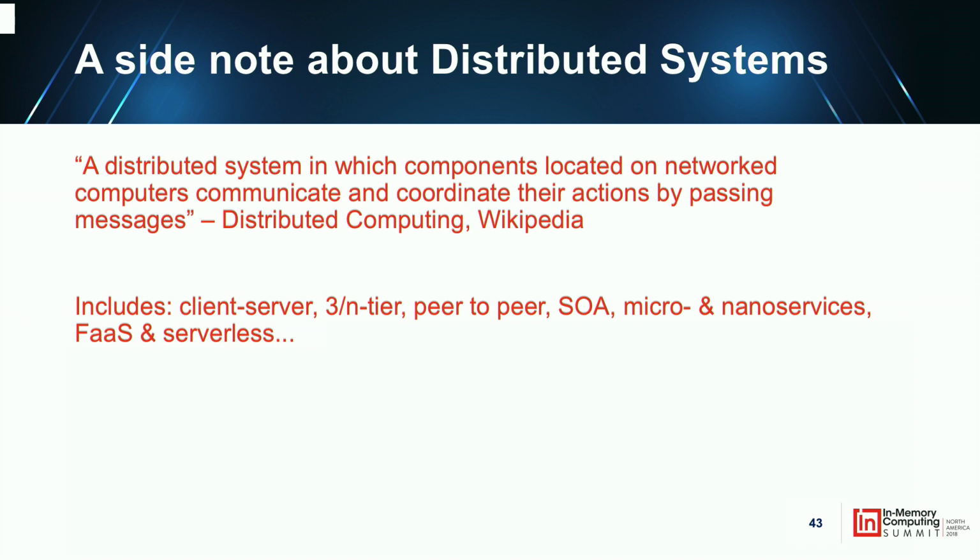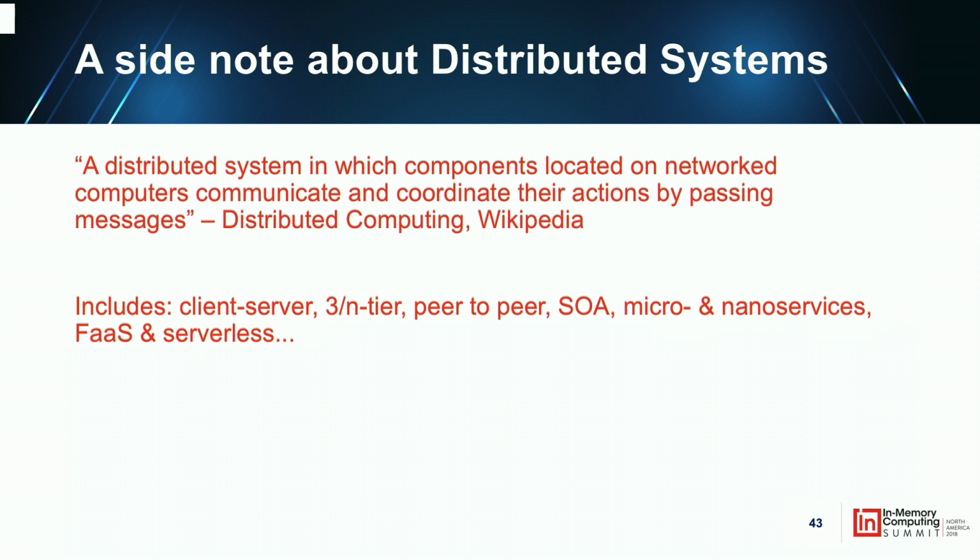And by the way, let's talk about distributed systems. This is, by nature, most likely going to be used in a distributed way. So now you have things coming into the picture that maybe you hadn't thought of, because distributed systems are complicated. Here's a quote from Wikipedia: a distributed system is one in which components located on networked computers communicate and coordinate their actions by passing messages.